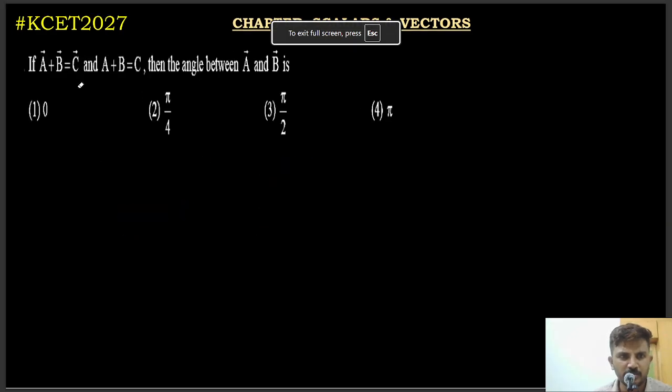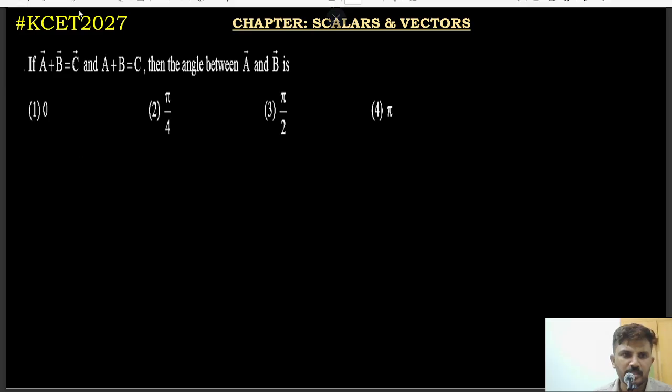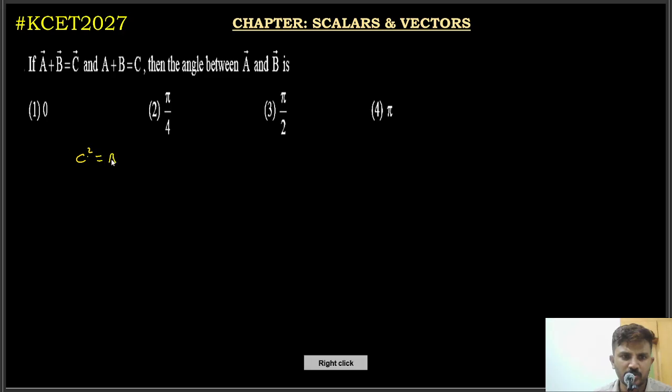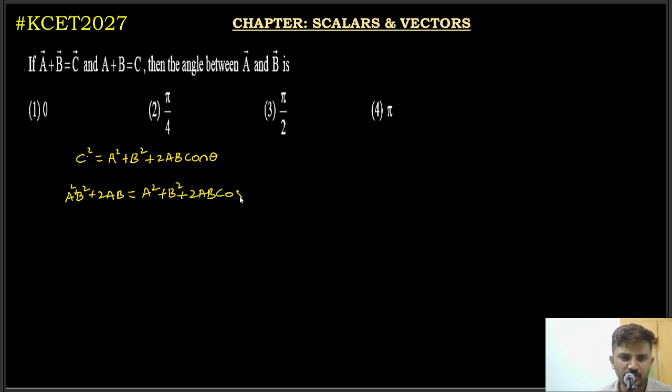Then we have A plus B is equal to C. Then A plus B is equal to C in magnitude. The angle between A and B is? Let us take, again, I have solved this kind of question. C square is equal to A square plus B square plus 2AB cos theta. And we know that C is equal to A plus B, substitute that here. So A square plus B square plus 2AB is equal to A square plus B square plus 2AB cos theta.